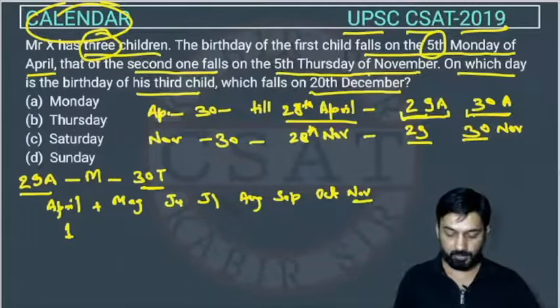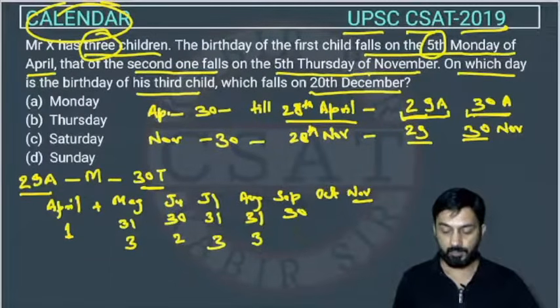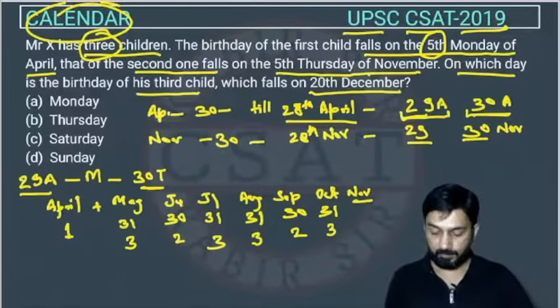So in April there is 1 odd day. In May there are 31 days, so there will be 3 odd days. June there will be 30 days, so 2 odd days. July will be 31, 3 odd days. August will be 31, so 3 odd days. September there will be 30 days, so 2 odd days. October there will be 31 days, so 3 odd days, right?